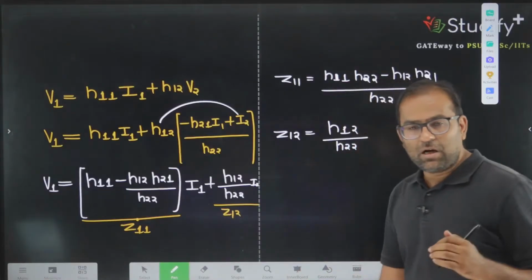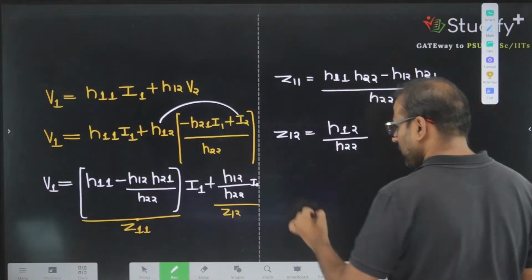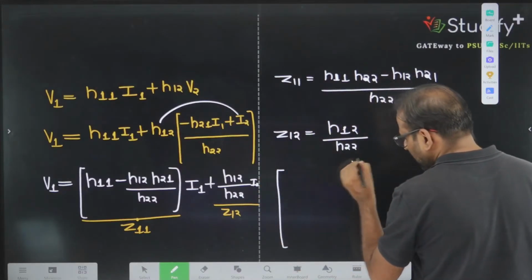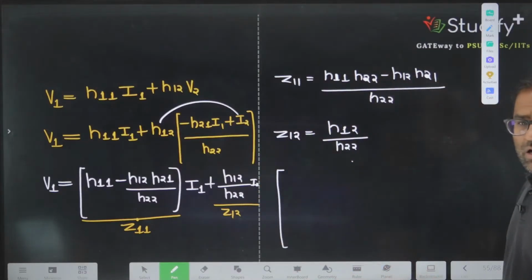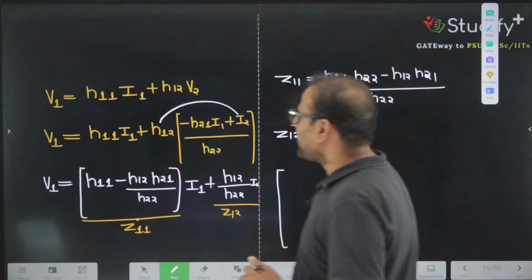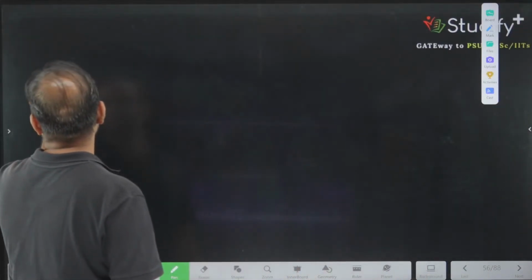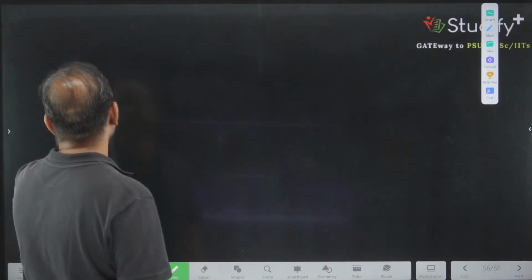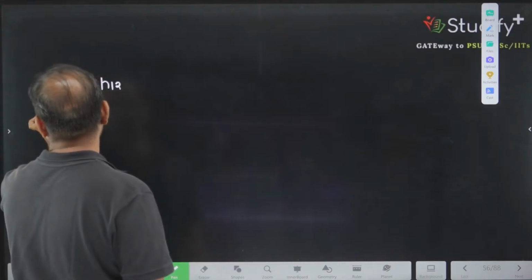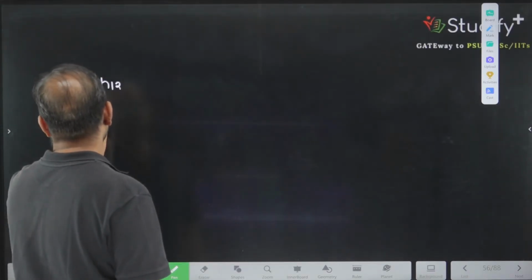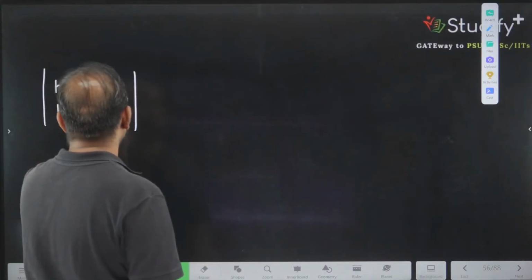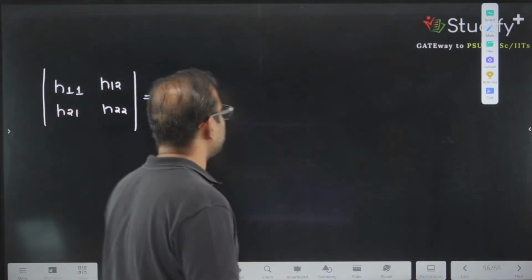So what is my two-port network? The Z parameter equivalent of this two-port network is given by this. If I write the H parameter, can I say H parameter is H11, H12, H21 and H22. When I write the determinant of H parameter, what will it be?